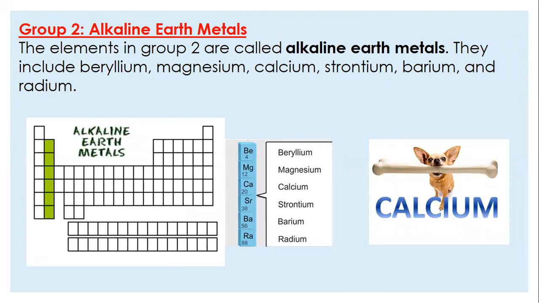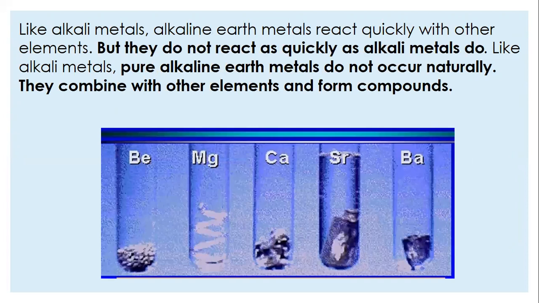The second group in the periodic table, we call it alkaline earth metals. They include beryllium, magnesium, calcium, strontium, barium, and radium. Like alkali metals, they react with other elements, but not as quickly as alkali metals do.